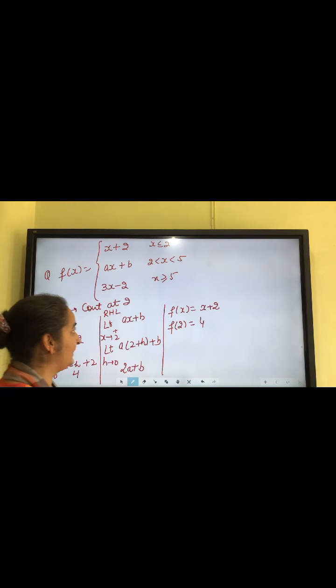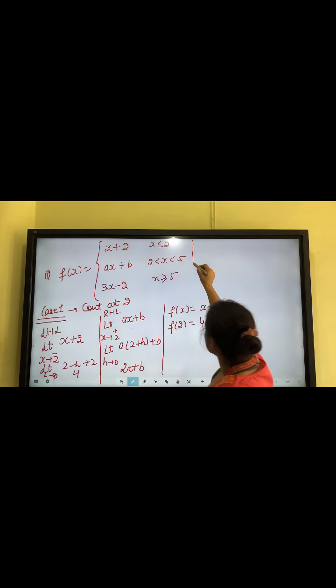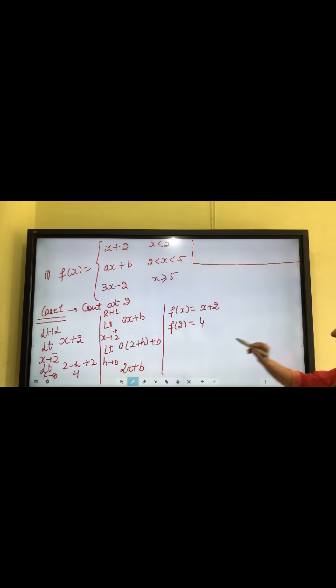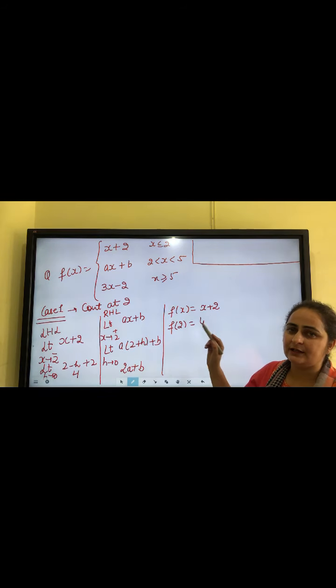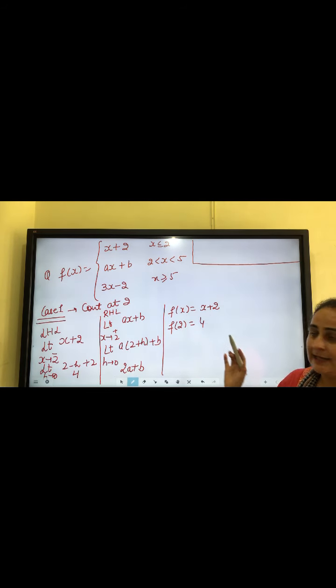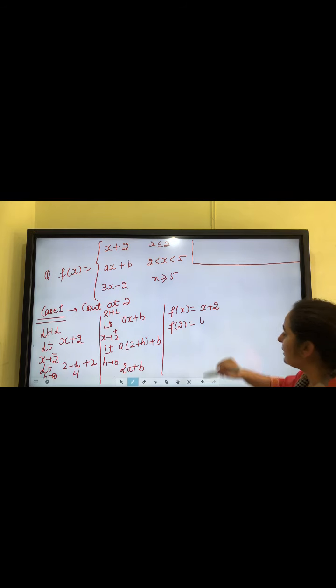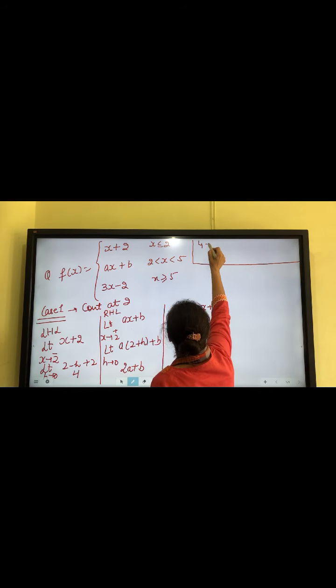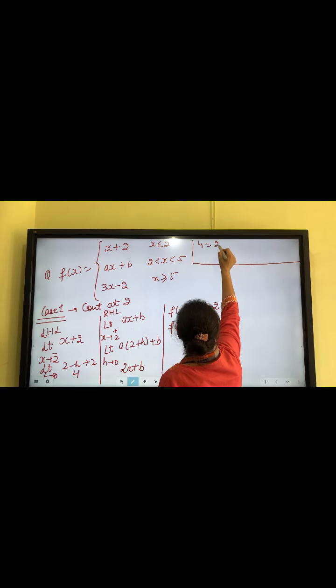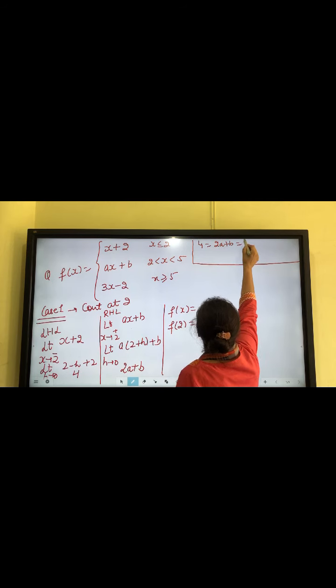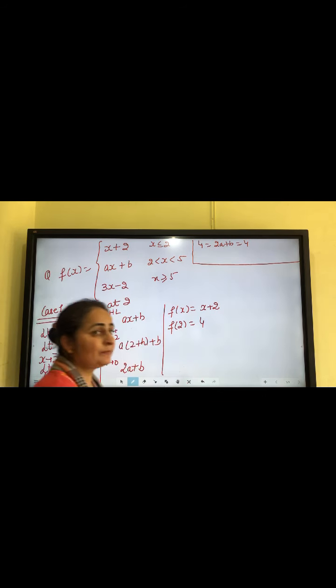But given that all the three are equal because the given condition is that it is continuous at the point 2. If it is continuous, all the three are equal, 4 is equal to 2a plus b is equal to 4. But in 10th class, if we have three sides, you had already done that.